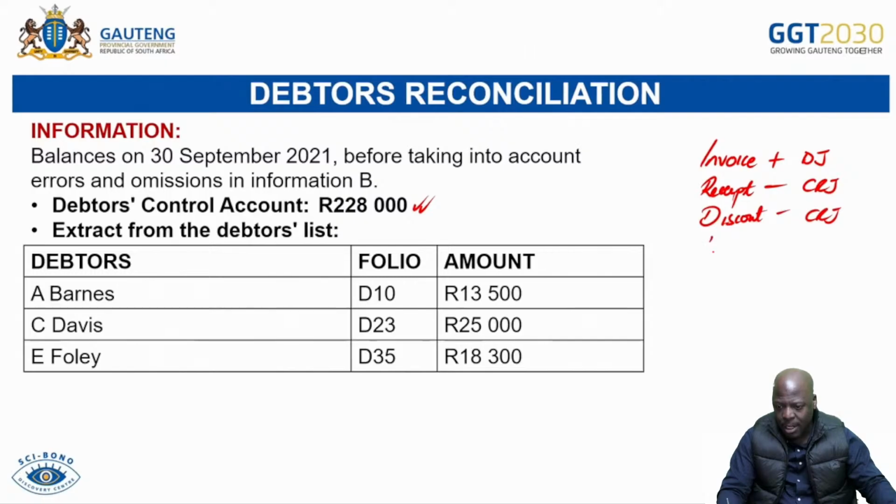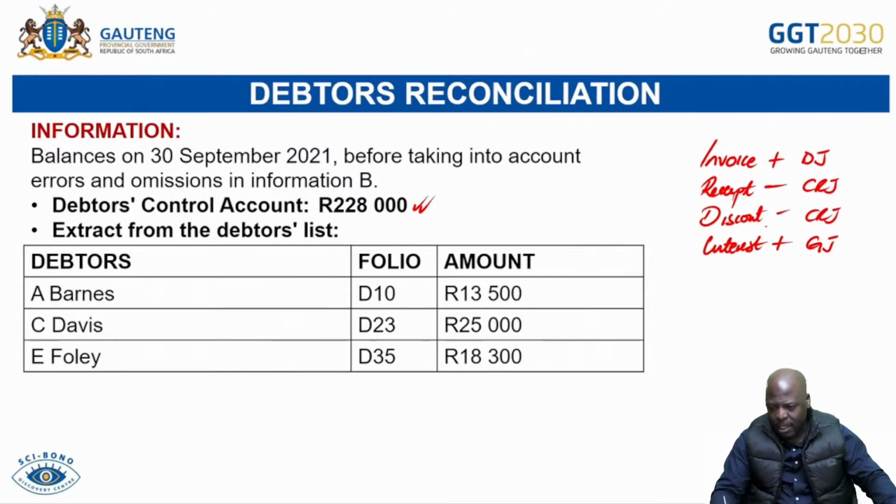And once you think interest that we're charging to our debtors, you think plus and you think GJ. And then others will come as we go. But also, lastly, when you think of returns, so you think credit note, minus, and you think DAJ.